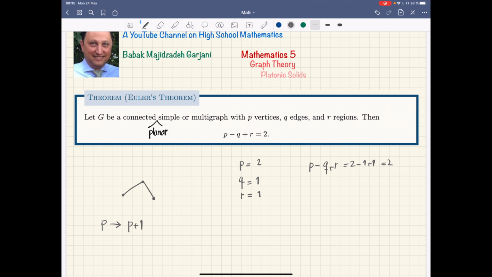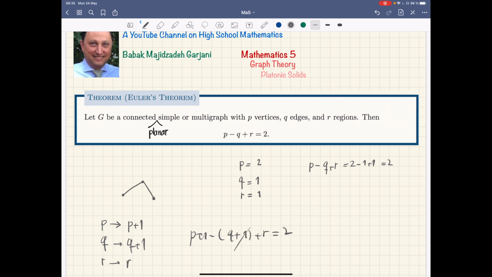What happens for Q? Q goes to Q plus 1. Do you agree? Because I'm adding one edge. And what do you think about the number of regions? It's the same. So you see, this one and that one will cancel each other. Let me calculate: P plus 1 minus Q plus 1 plus R is again the same 2, yes?